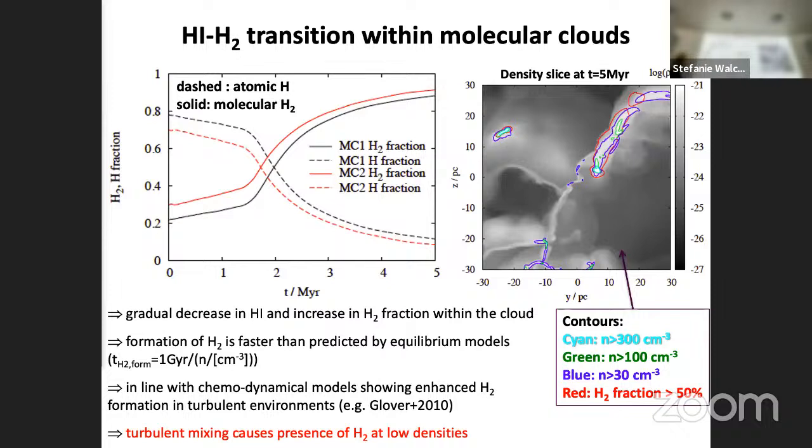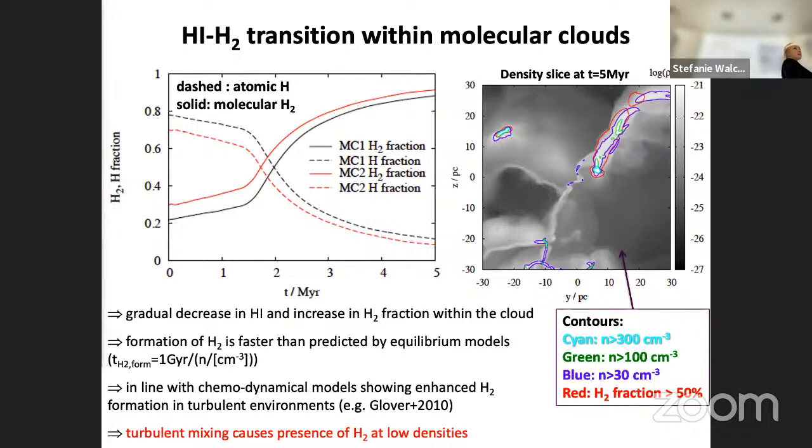In particular, here in the beginning, we have a lot of atomic gas, and then you see very quickly the atomic gas drops and the molecular gas is formed in these clouds. So this process takes maybe a megayear or so. Now the question is, for the densities we have, how can molecular gas formation proceed so rapidly?